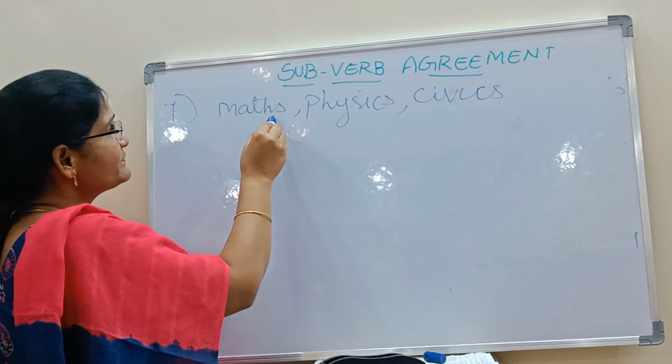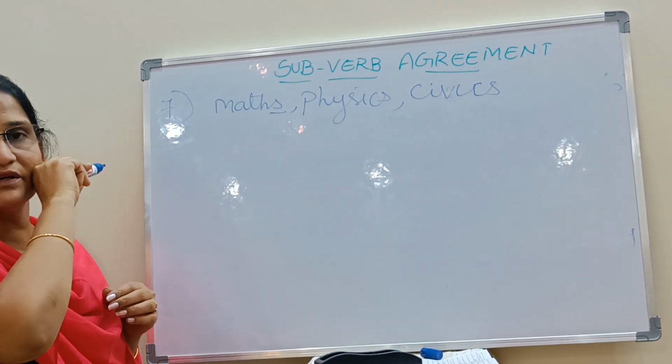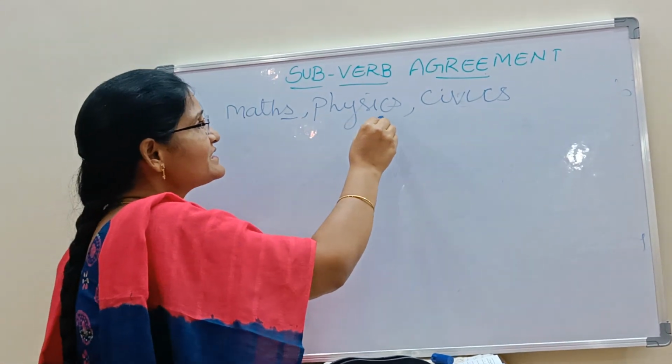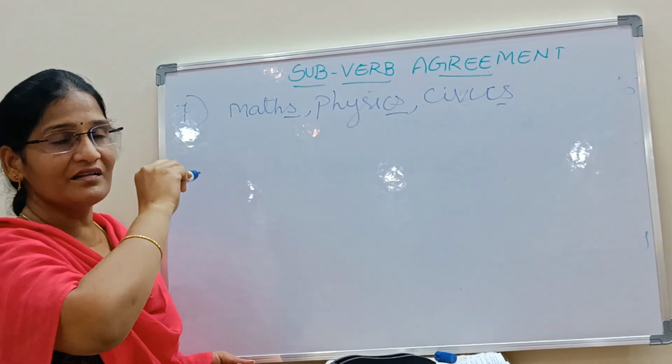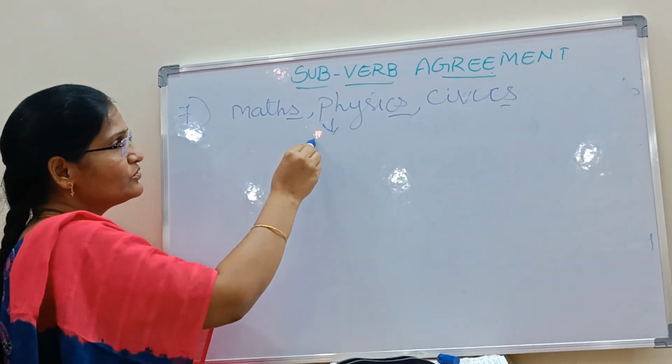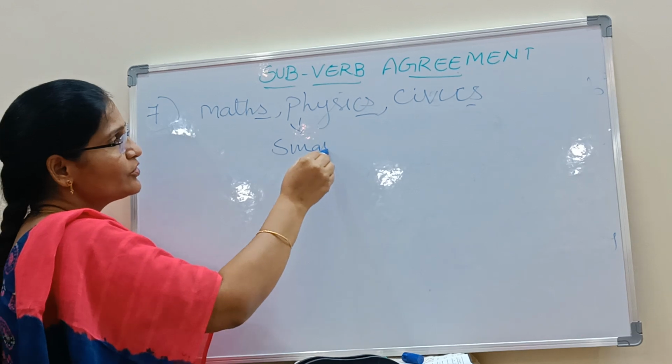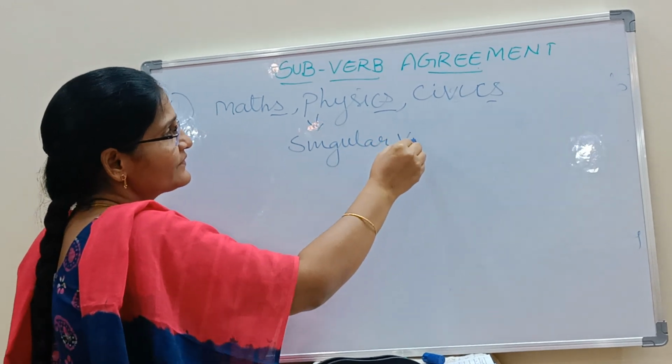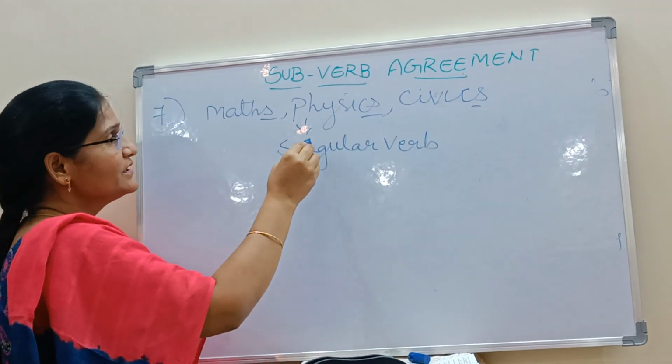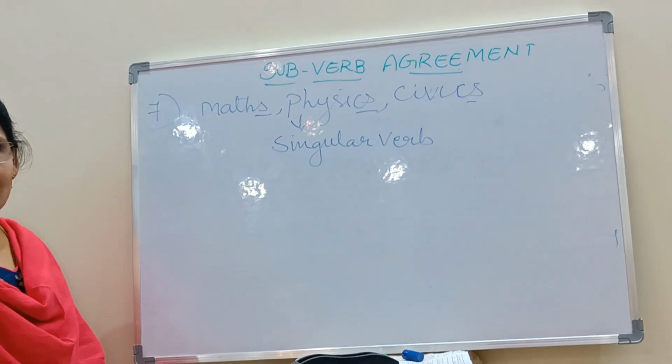Different words, because sometimes many students very often get confused. These are not plural, they are singular. Here you have to use the singular verb itself. With these nouns, you have to use the singular verb.